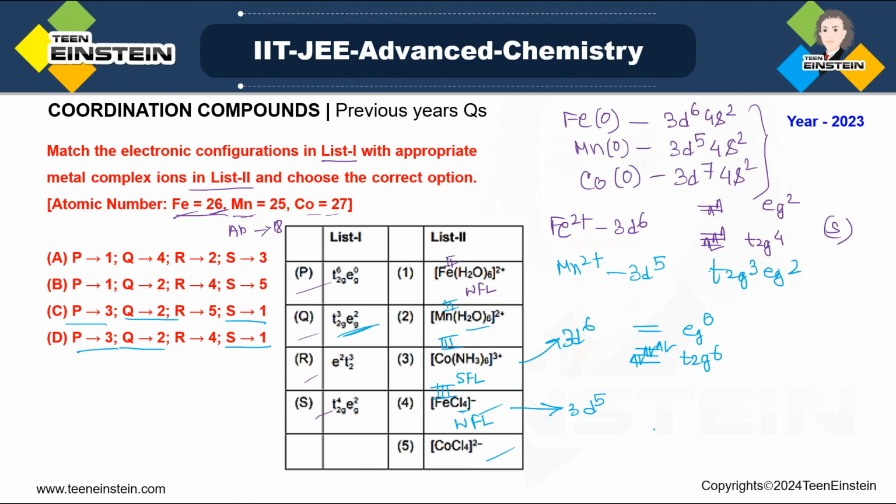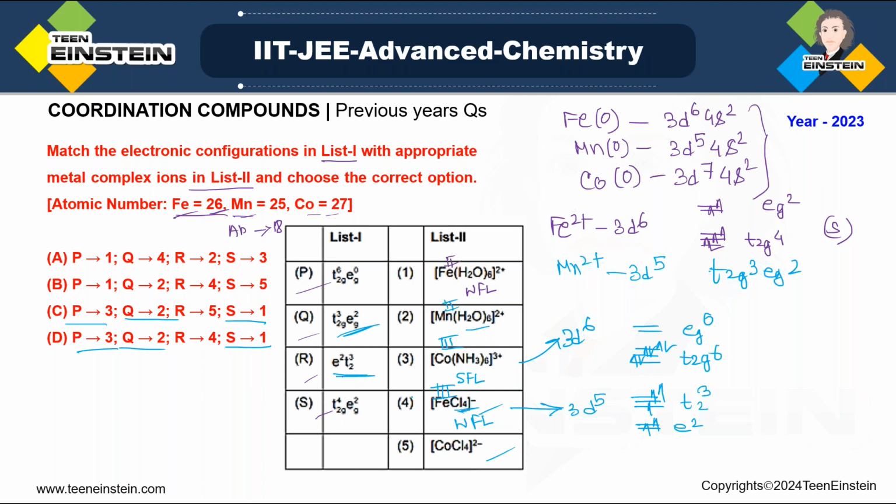Now for a weak field ligand with a 3d5 system, it is 4 coordination. It is actually tetrahedral. For tetrahedral we do not use the subscript g, it is e and t2. Now e and t2, but here we have a total of 5 electrons, so it will be e2 t2 3. So it is matching with R, isn't it?